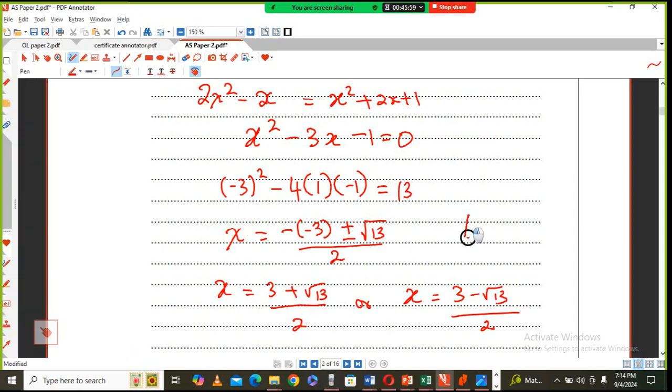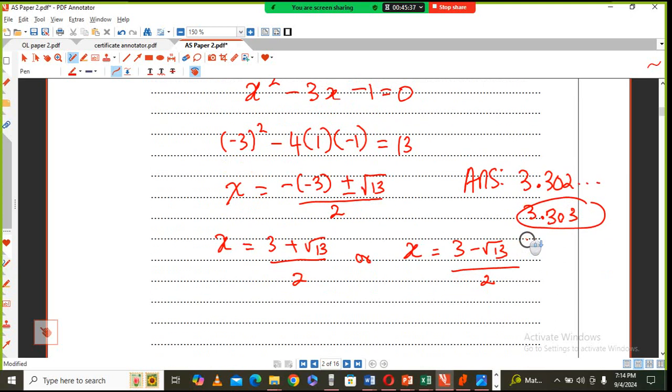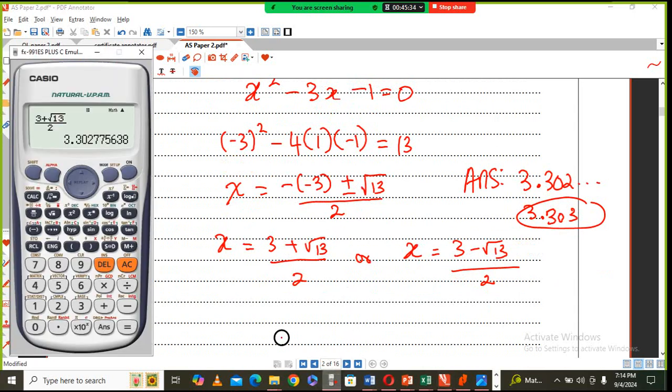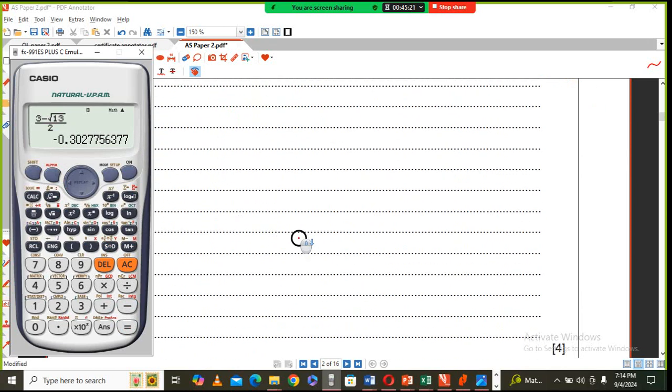So our solution then would be 3.303, just something like that. Again, the second answer will not work. We said that there is a reason for that. What is the reason? Yeah, natural log cannot be negative. Just imagine 4 marks for arriving at that.